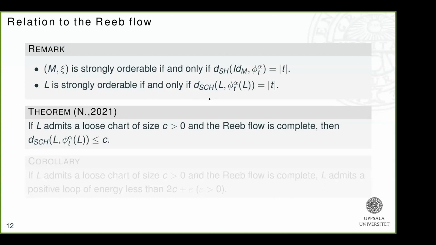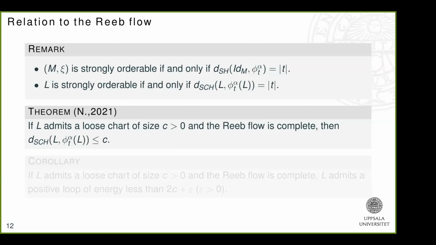So why is it true that strong orderability implies that this distance is equal to the absolute value of t? Well, if it were smaller, then we could find an isotopy from L to its image under the time t Reeb flow of energy less than t. And let's assume t is positive. Then we can compose this with the negative Reeb flow of time t, and thereby create a negative loop of contactomorphisms.